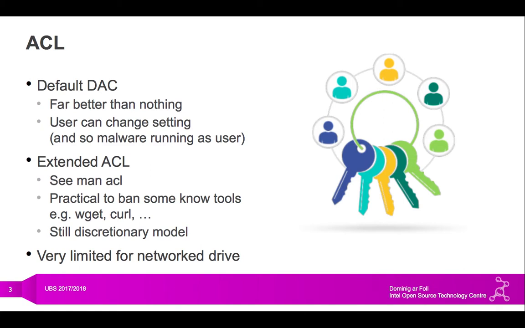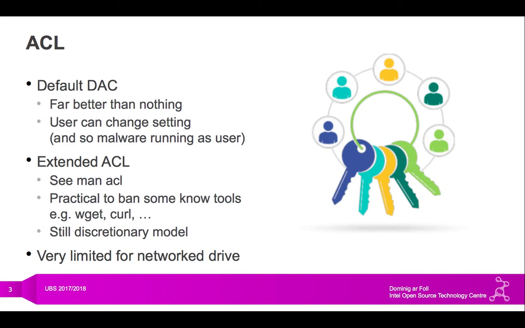We have the extended ACL. We didn't talk much about it in the first lesson, we just gave the name. We will not go into detail, but they can be quite practical, a very simple tool. Have a look at the manual for ACL. It's quite useful to ban some pretty dangerous utilities from accessing some things.